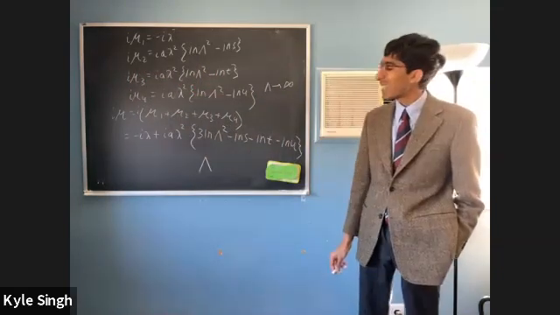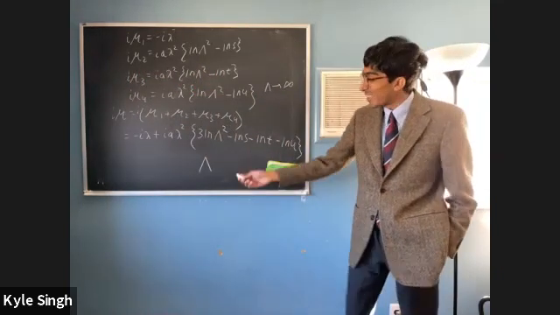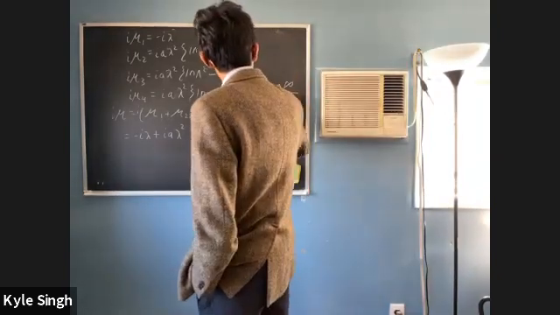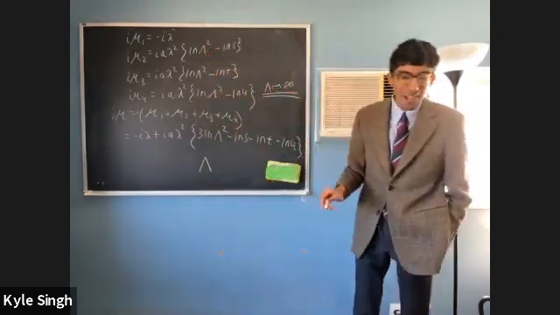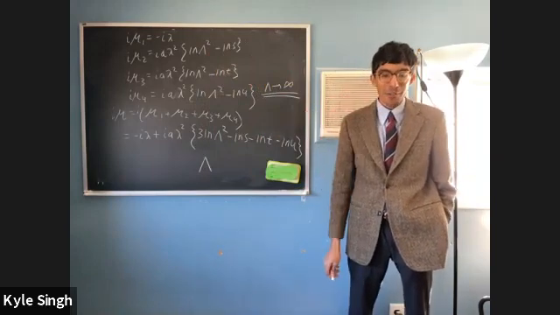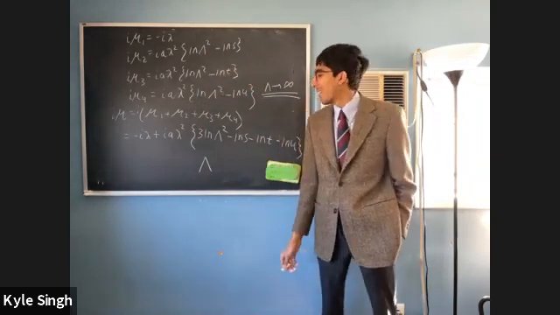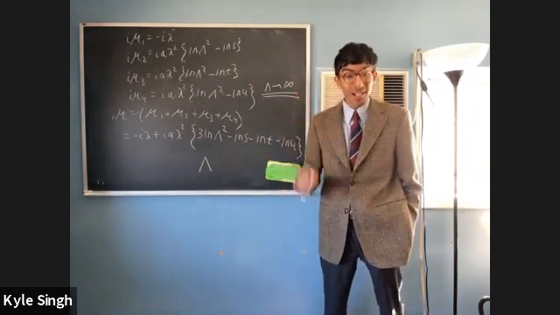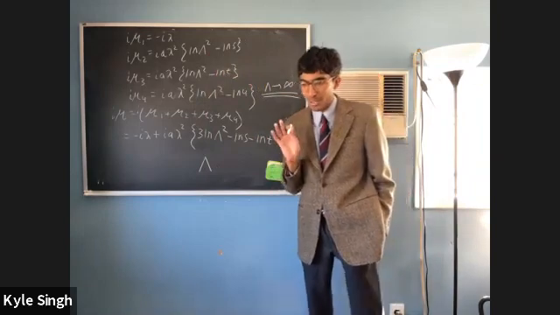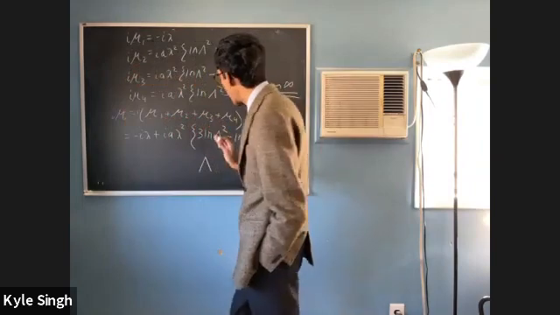And the issue is things also blow up here as this guy goes to infinity. So I haven't resolved the problem. I just said I have some new momentum, a large cutoff, but I haven't really specified where I want to cut it off. And I still want it to be large momenta. I want my theory to be able to handle a wide variety of phenomena. But the point is we need finite lambda.